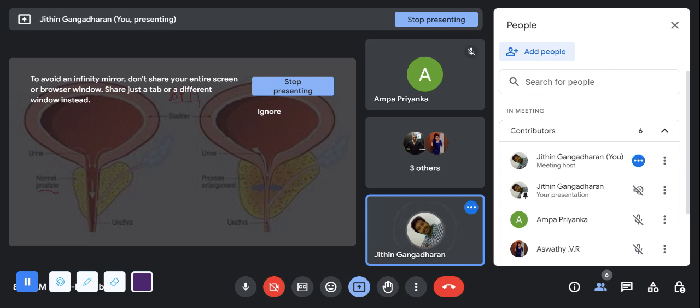Benign prostate hyperplasia has been divided into stage 1, stage 2, stage 3, and stage 4. So what is BPH? It's a benign cancerous growth. This prostate gland will increase its size, and depending upon that we have classified it into stage 1, stage 2, stage 3, and stage 4. So what is the drug that we will give for BPH? Anybody?